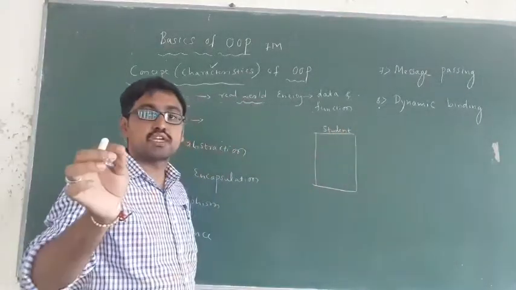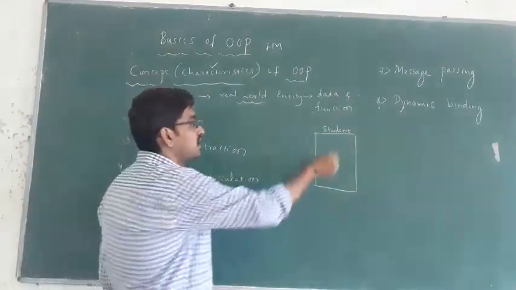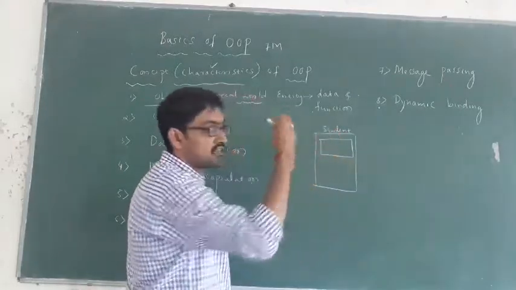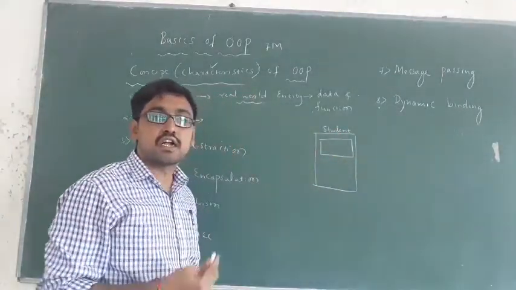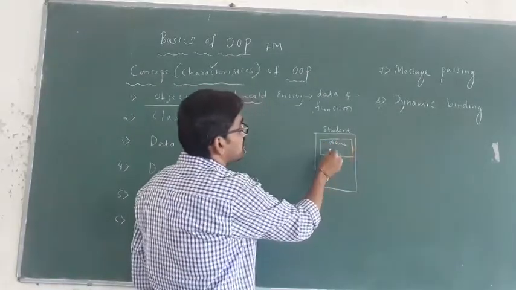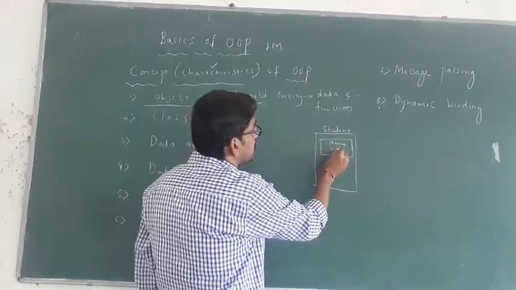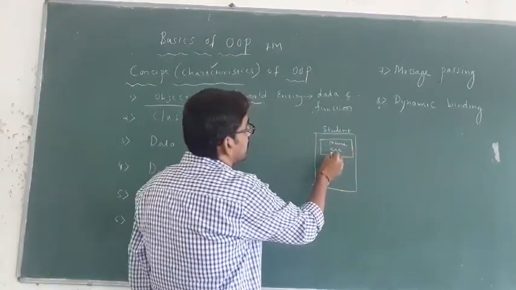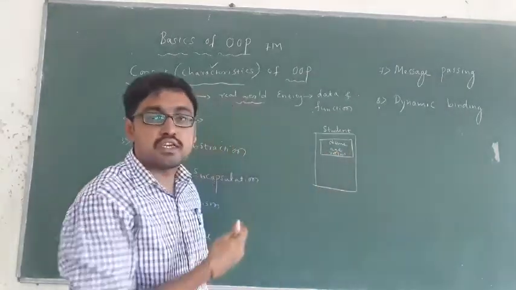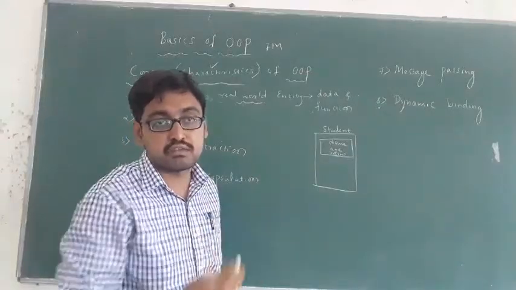I am taking a student as an object. What is an object? It has data and functions. A student consists of data. Which data does a student have? He has a name, an ID number, an age, and a roll number. These are the variables, and when you write programs you can use these variables.